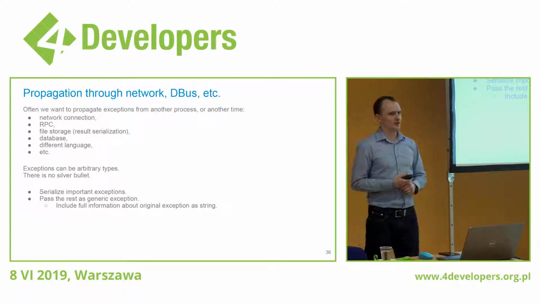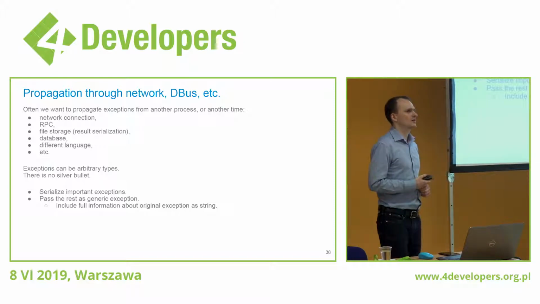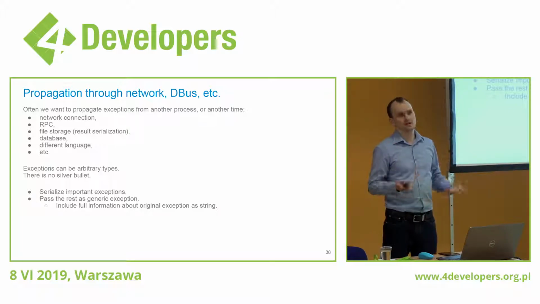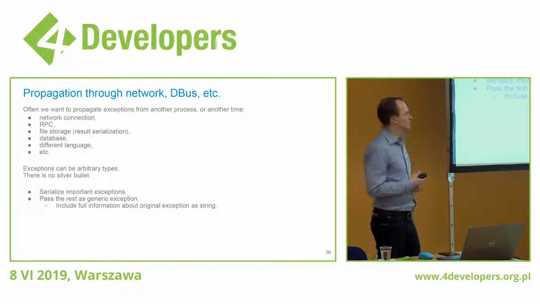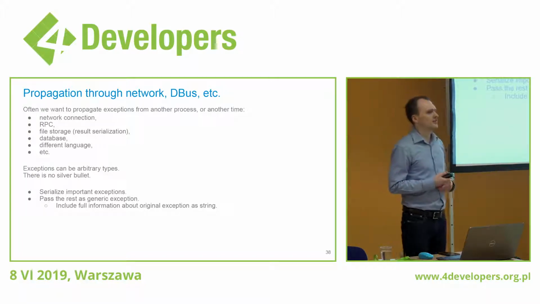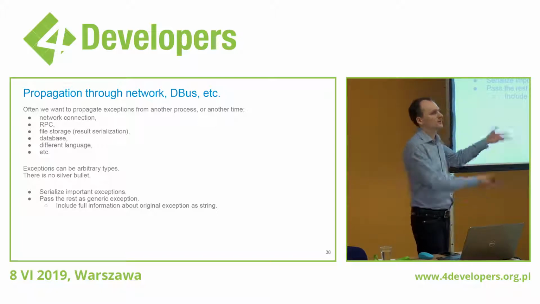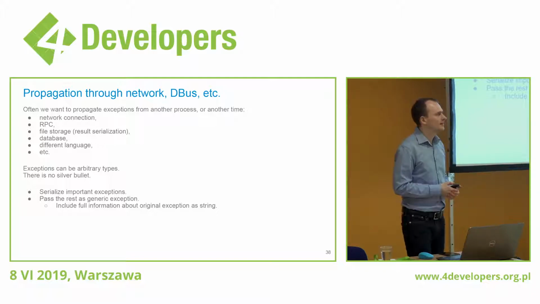So what can we do about it? Well, it's actually kind of tricky because in C++ you can throw anything, but you cannot serialize anything. So you cannot just serialize the exception on one side, pass it through the network, and unserialize it on the other end.